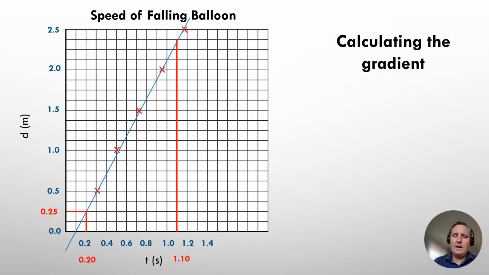Now these points that I'm choosing here, we have to be certain that they're not points that were plotted. They're not the plotted points, but just random points, a reasonable distance across the line of the graph, that are going to produce a vertical and a horizontal line where it intersects. So I've drawn my vertical line up from 1.1, and I draw it across from where it intersects.